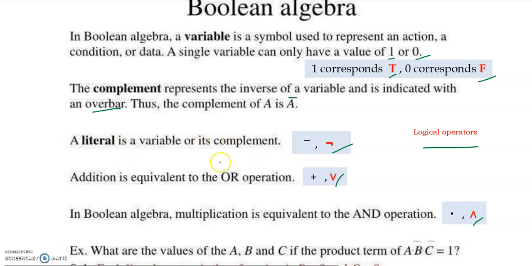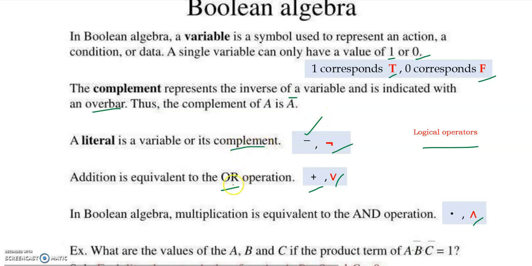Here we can use this word for variable. Now addition is equivalent to the OR. Or we can denote plus also for addition. In Boolean expressions we can put this bar for the complement.